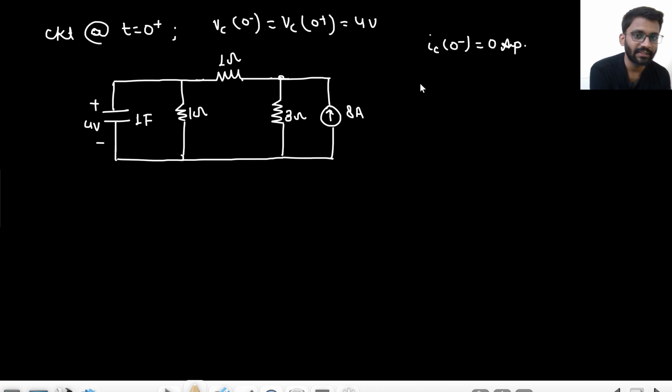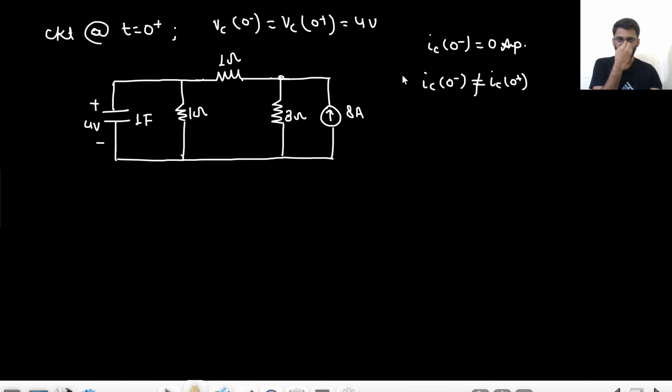But it's not necessary that IC 0 plus would also be the same. Why so? Because a capacitor doesn't hold the current, it holds the voltage. So that you need to also remember. If you are saying 4 ampere current is flowing here, that doesn't mean the same 4 ampere current will be flowing from here. This will also have some current, right?